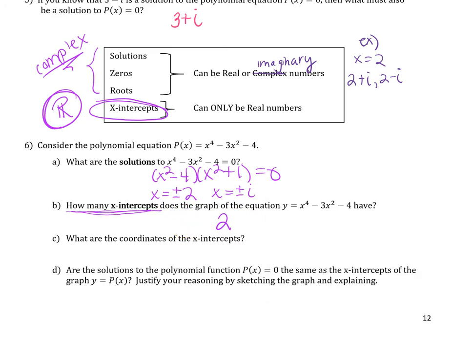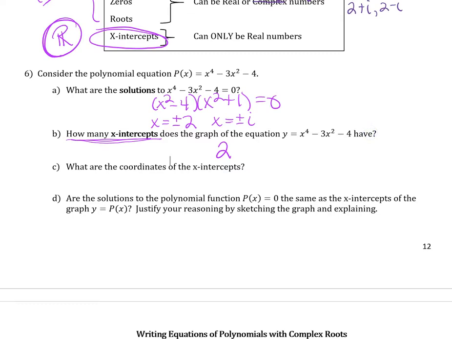Now, if something is crossing the x-axis, that means that the y must be 0. So to give you a visual look down here, because I'll end up sketching it anyway, what I know about this function is that it has roots or x-intercepts at negative 2 and 2.